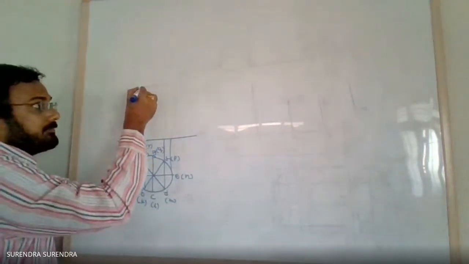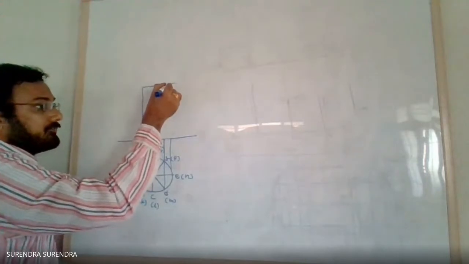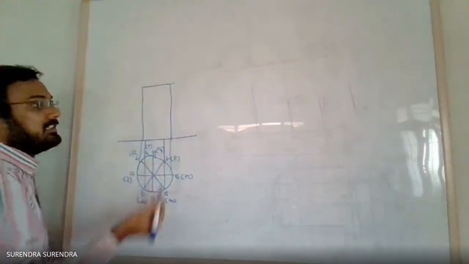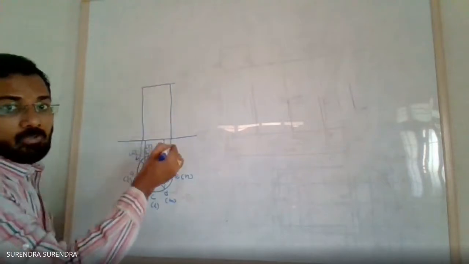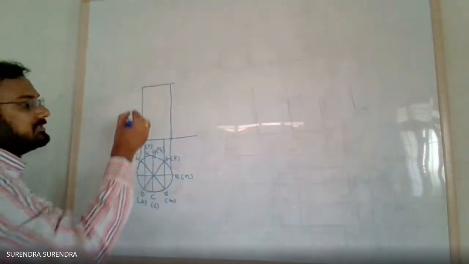The projection of a cylinder in the front view looks like a rectangle, only highlighting the outermost generators.